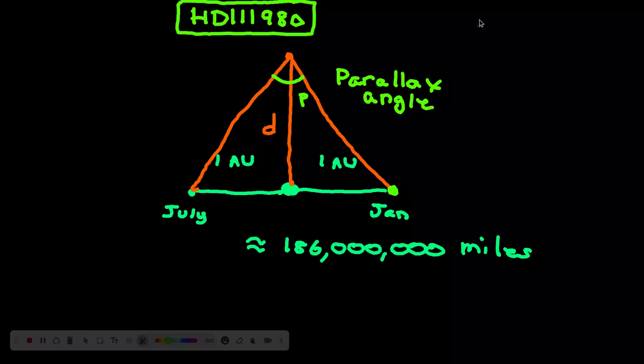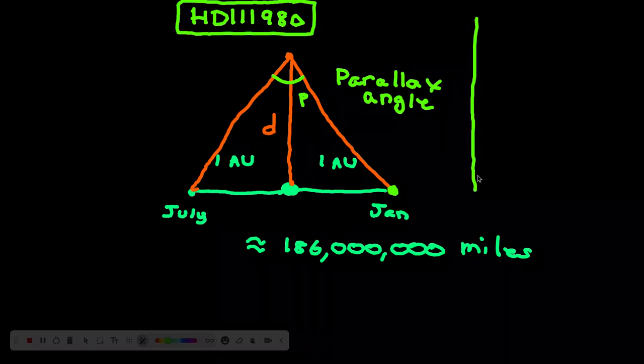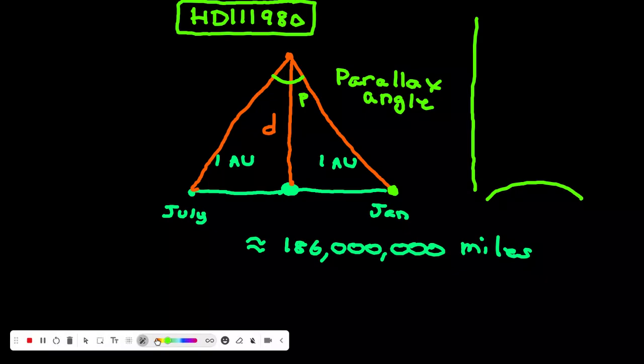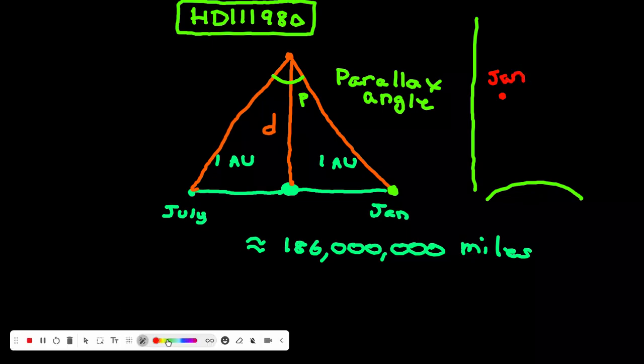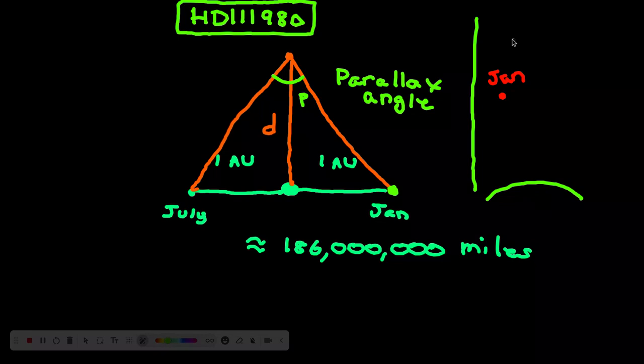So let's say, we'll cut this up over here, do another view. Let's say that we're looking, here's Earth, right? And we see Proxima Centauri, and we'll make it a red dwarf. We'll see it over here. And maybe we're seeing that in January. And we'll make HD 11980. Let's say it's way over here in January.